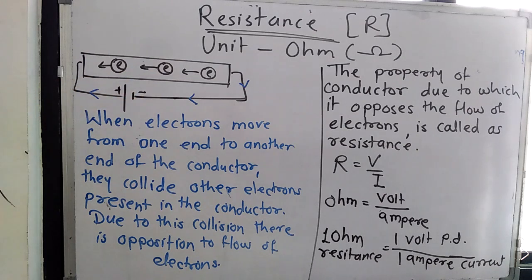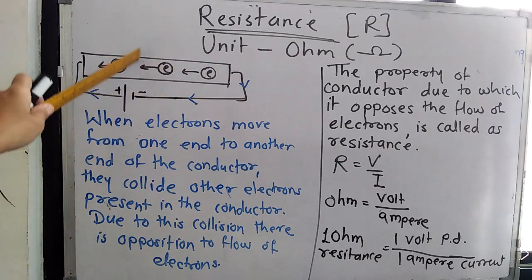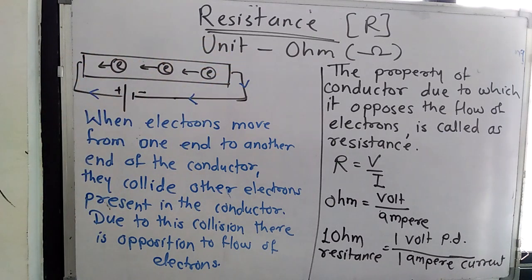When they are connected to the source of potential difference, these electrons start to move. But there are some other electrons which are present. This conductor also has some other electrons. So these moving electrons collide with those other electrons. While moving, they collide with the other electrons which are present in the conductor.